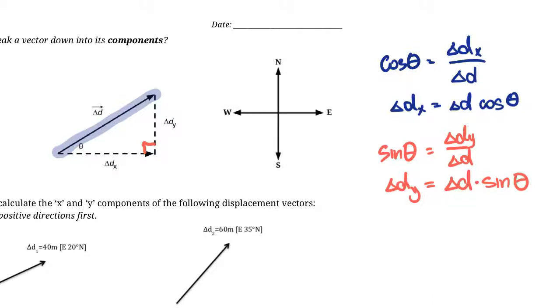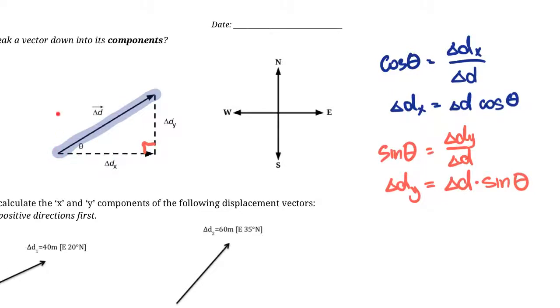So I just talked about why it's always good to have the angle from east or west. I said that on the previous page. Always try to get your angle in terms of the angle from east or west, not the angle from north or south. The reason for that is because if we do that, the x component is always going to be the adjacent side.